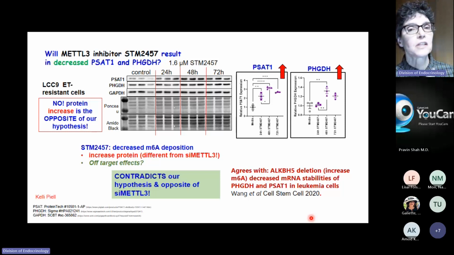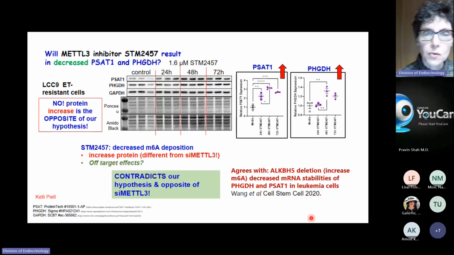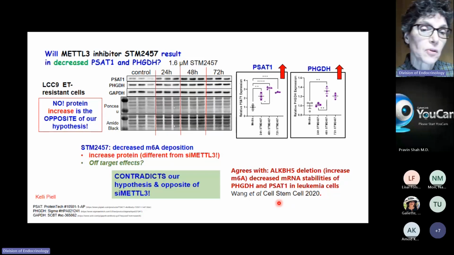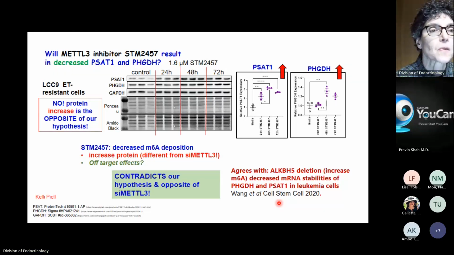But I will say that these data with the STM2457 agree with a publication in leukemia cells in which the investigators deleted ALKBH5. That's one of those m6A erasers. So if you decrease the m6A eraser, you get an increase in m6A, and they saw a decrease in the stability of PHGDH and PSAT1. So these data would agree with those, but those were leukemia cells.